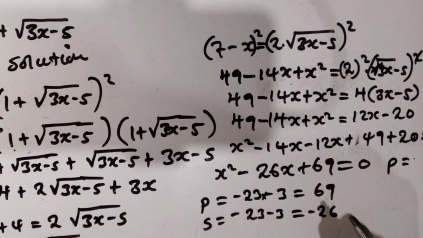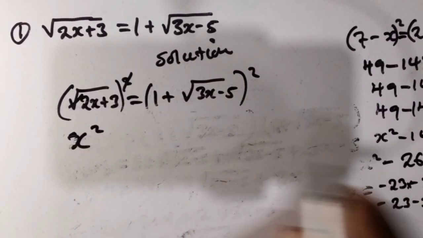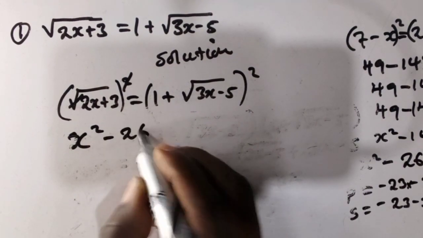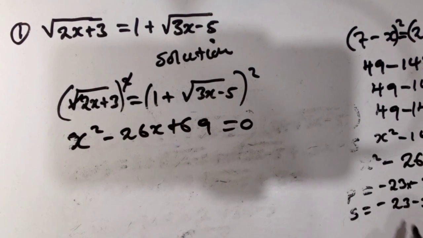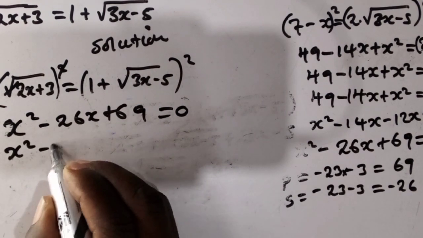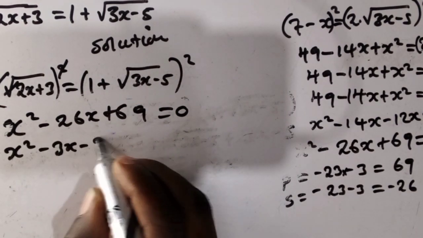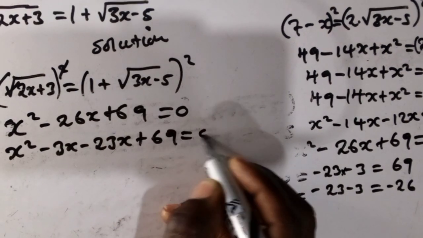So let's substitute with this product and sum. From the equation x squared minus 26x plus 69 equals 0, the product we found is minus 23 and minus 3. So we have x squared minus 3x minus 23x plus 69 equals 0.